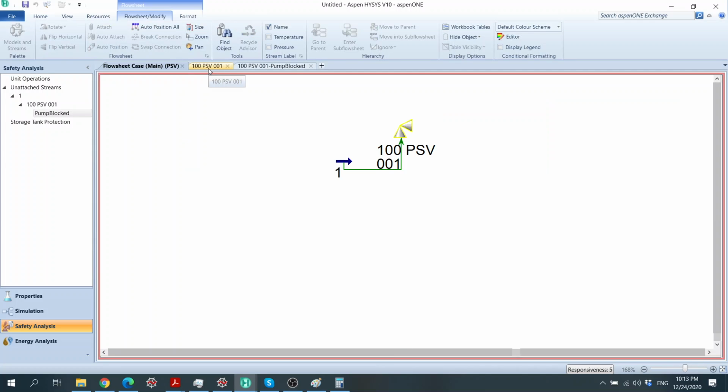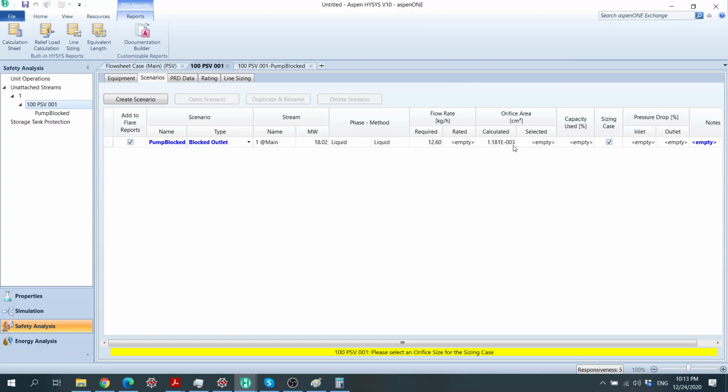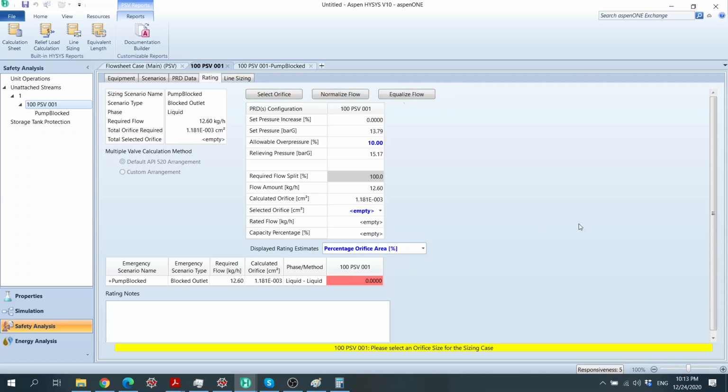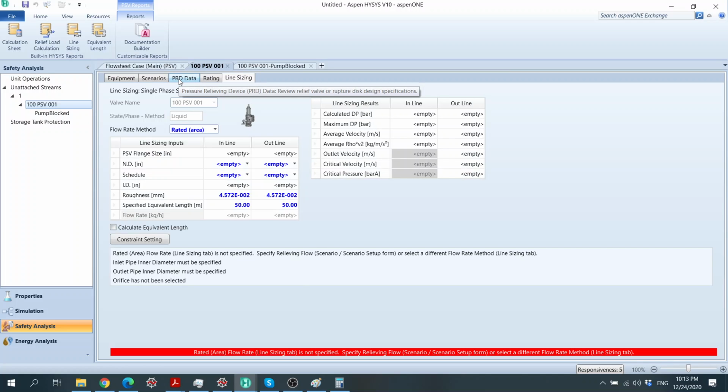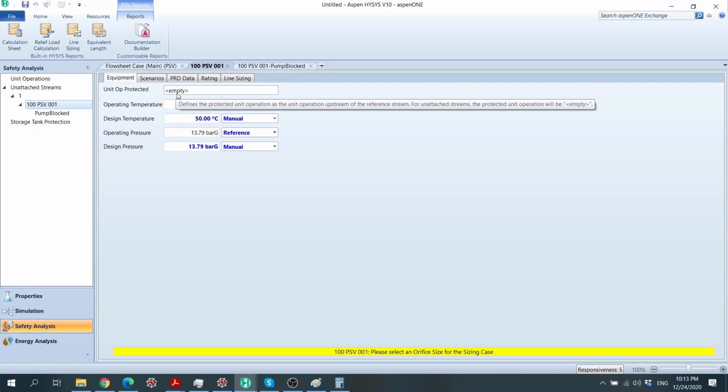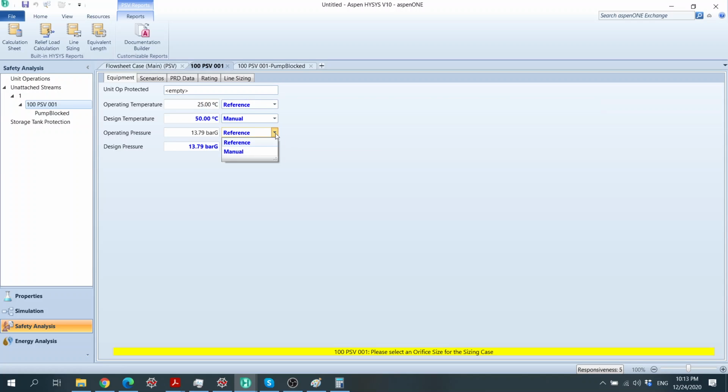How to edit this? Okay. So operating pressure, for example, is 200 psig, right? 200 psig, and then design pressure as well, 200 psig.